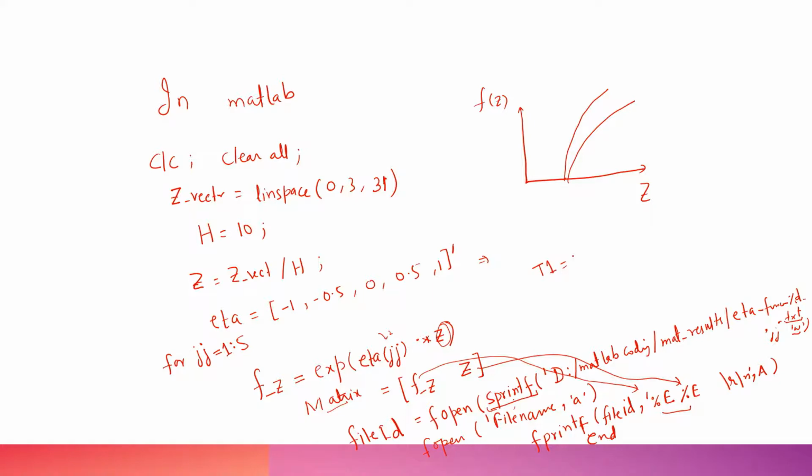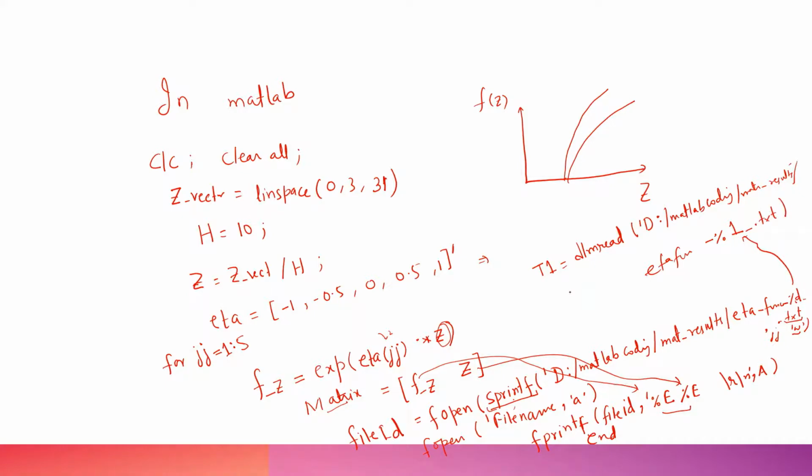So T1, we write a command dlmread, D folder, and the same MATLAB coding, mat results underscore eta function, and it will read the 1. For %d, it will read first T1, it will read 1 dot txt.